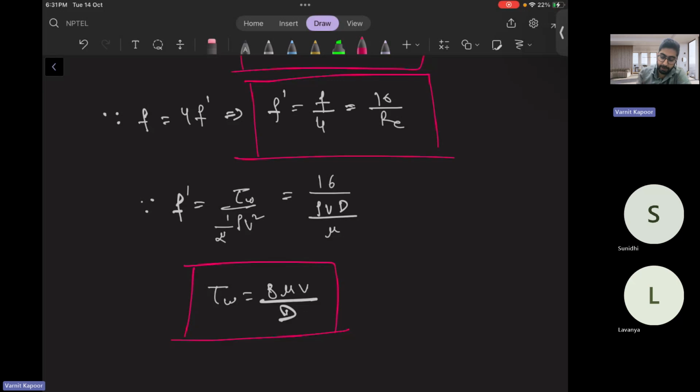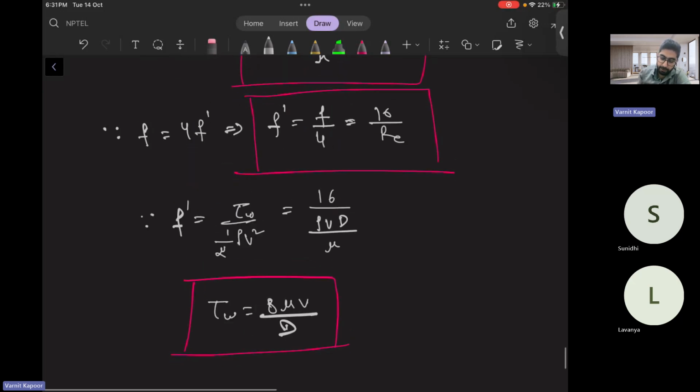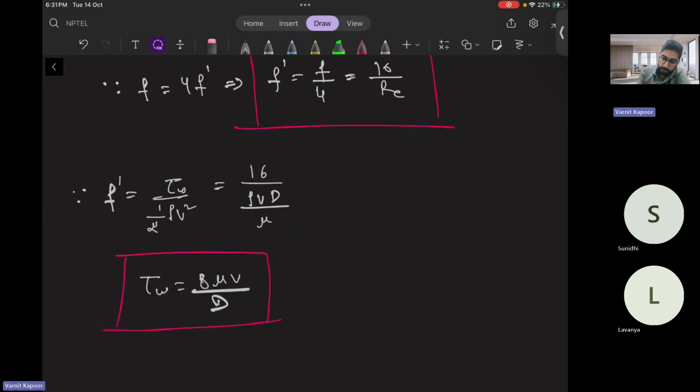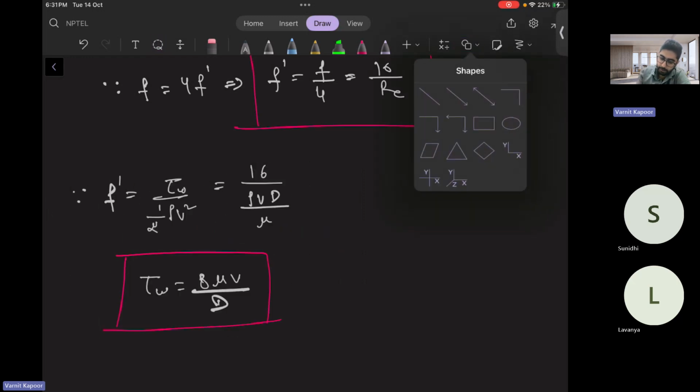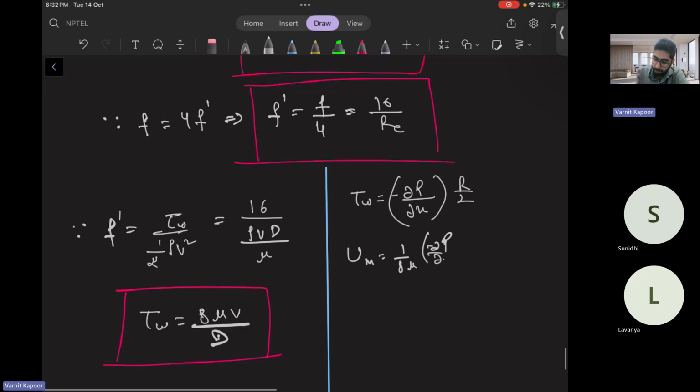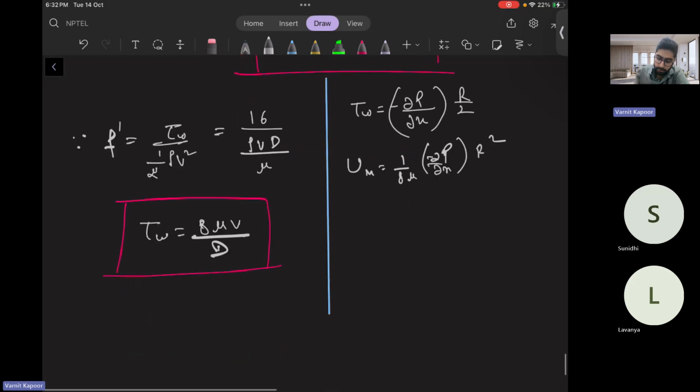And we can also derive this in another way. As we know, our tau wall expression was minus dou P by dou X into R by 2 for the wall. And we know that U mean was nothing but 1 by 8 mu, minus dou P by dou X, into R square.